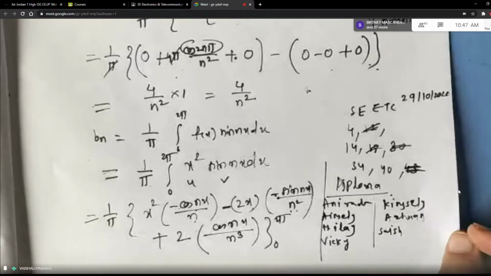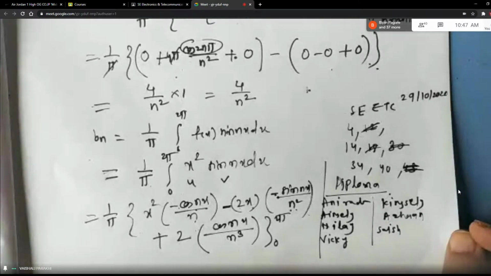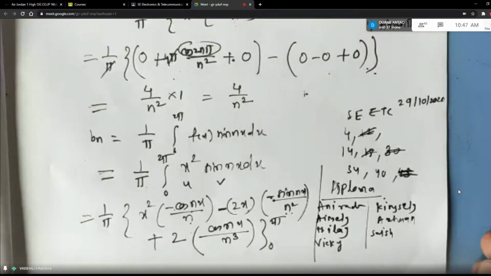And now it's time to substitute for the upper and lower limits. So first thing is we'll replace x by the upper limit, which is 2 pi. Can I turn the page, students? Okay. So Bn is equal to.